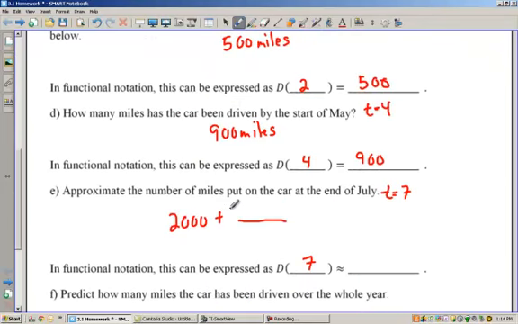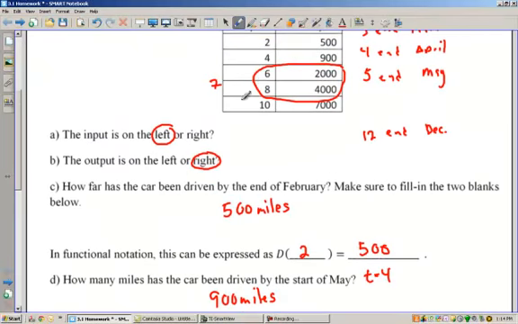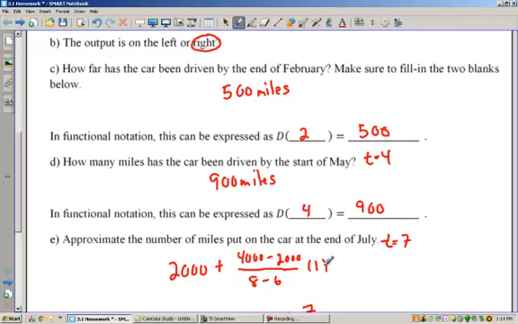So it's 4,000 minus 2,000, divided by 8 months minus 6 months. Then I multiply this by the number of months from 6. I'm going from 6 to 7, so that's just times 1.